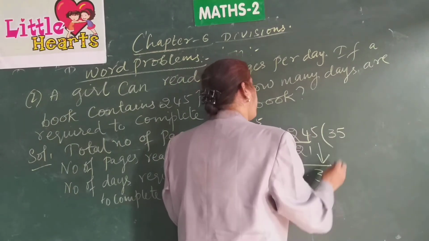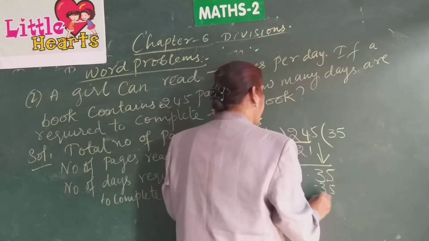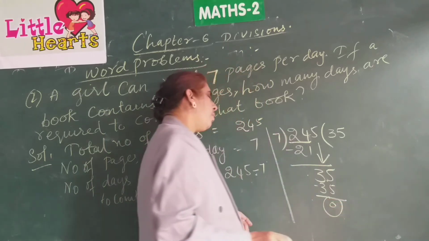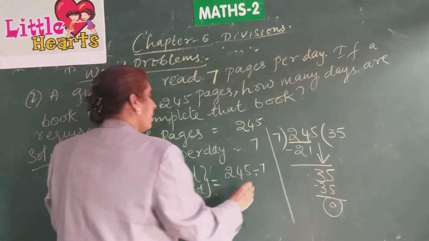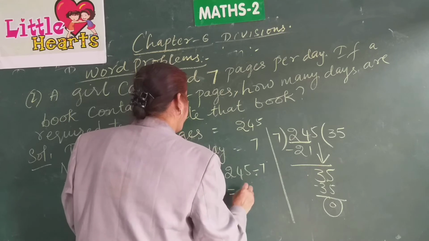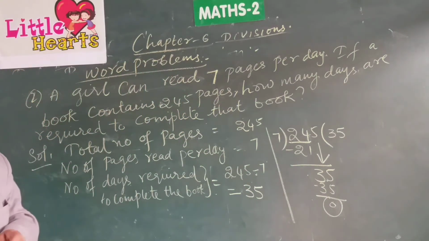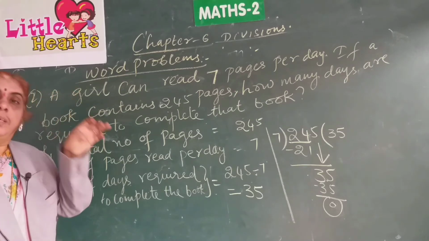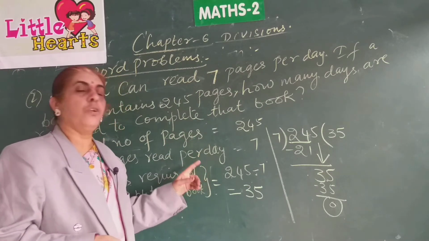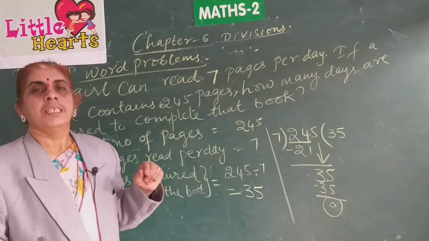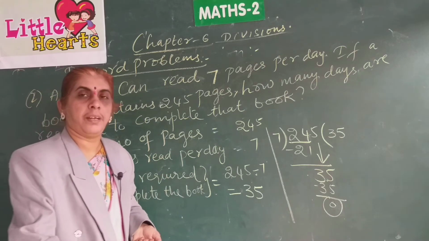We know 7 5s are 35. So, number of days required is 245 divided by 7 equals 35. So, she requires 35 days to complete the whole book if she reads 7 pages per day.